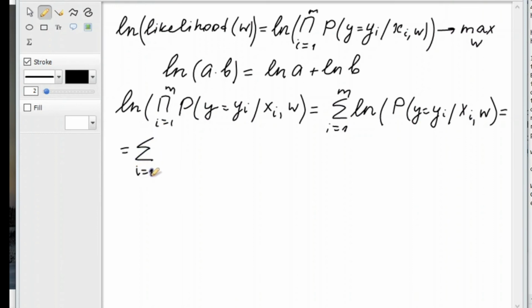So as we mentioned before, our probability can be computed as a sigma function of margins.